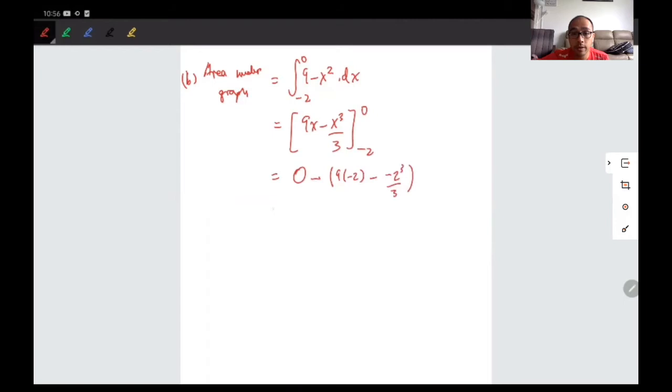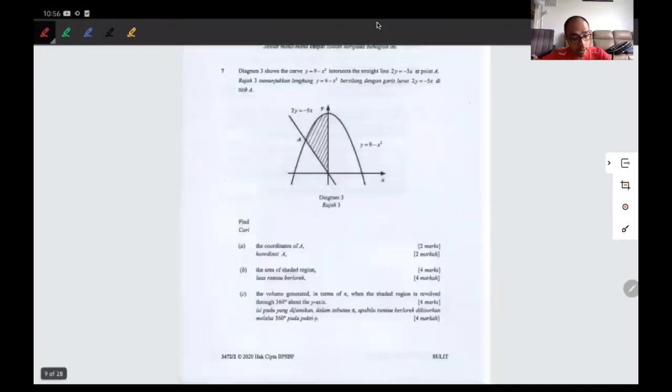Oh, sorry, I still don't know what the answer is. You will get 61 over 3. I mean, when you calculate this, you get 61 over 3. Then the area of the triangle is half times 2 times 5, which is 5. How do I know it's 2 and 5?